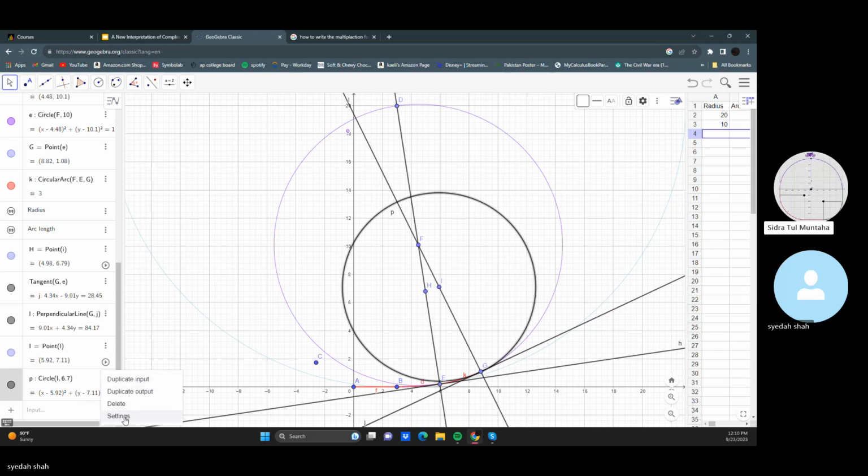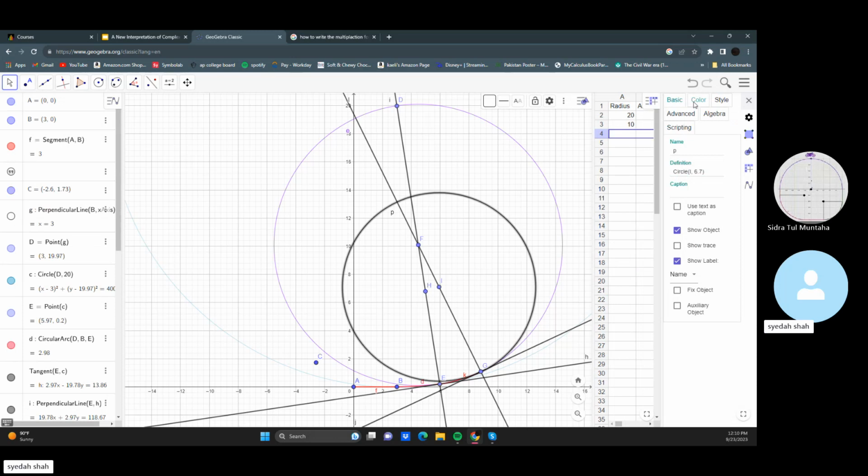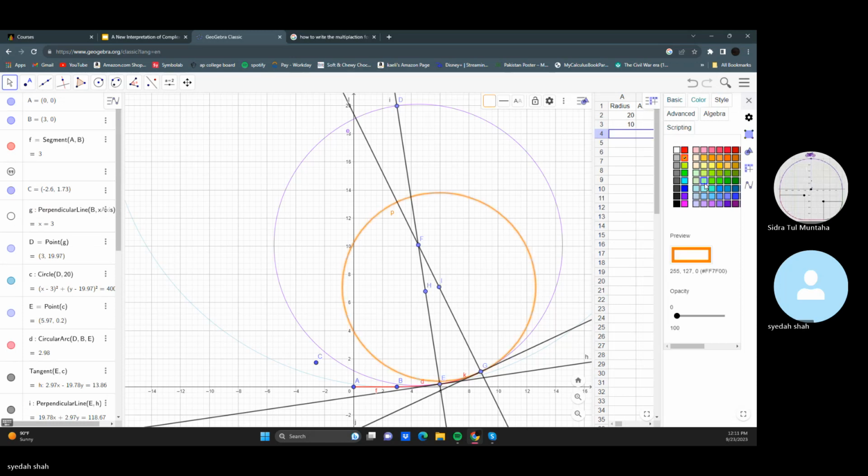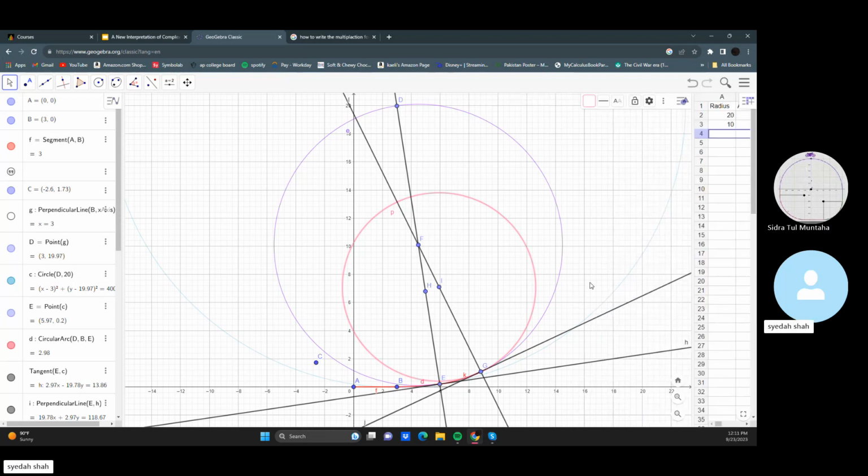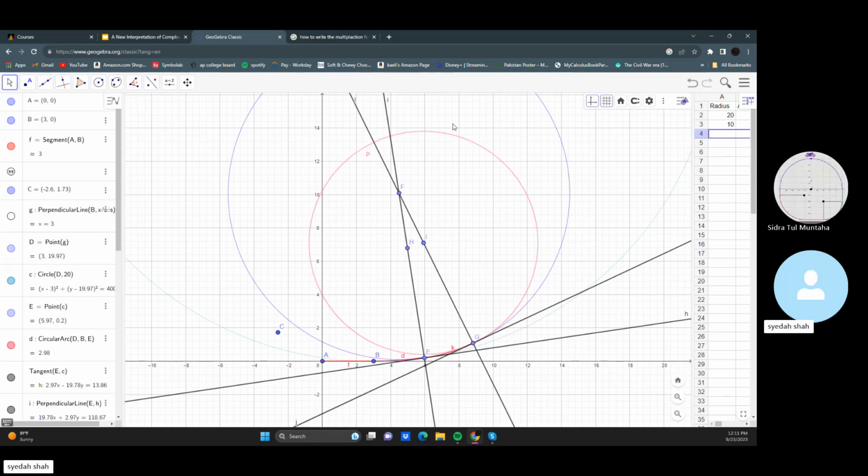Yes, now fix these points. Also, have you fixed the points F and G? Yes. Now the circle runs through G.